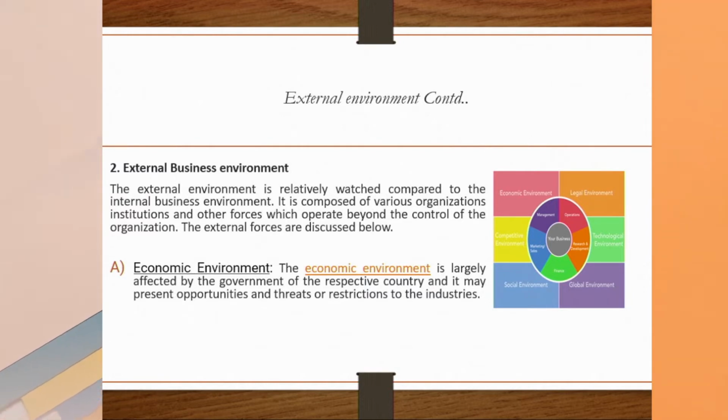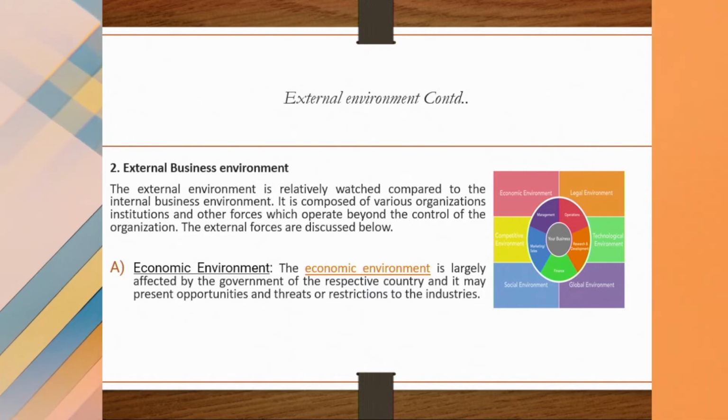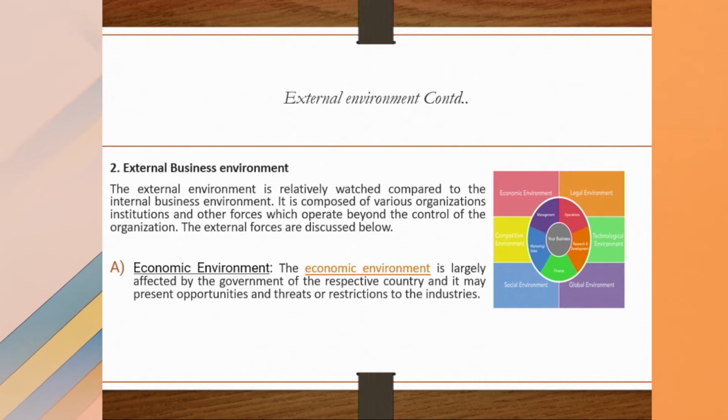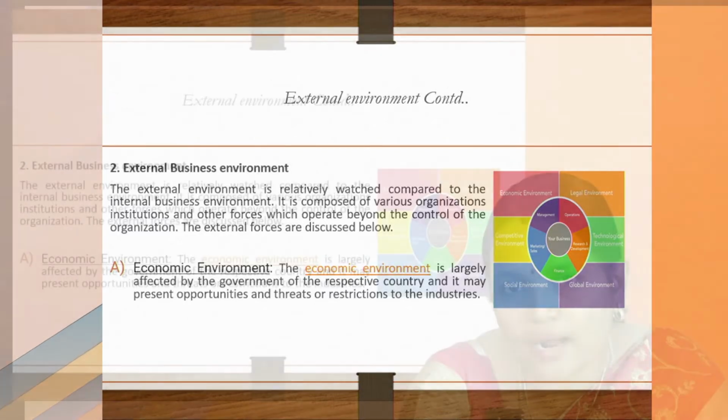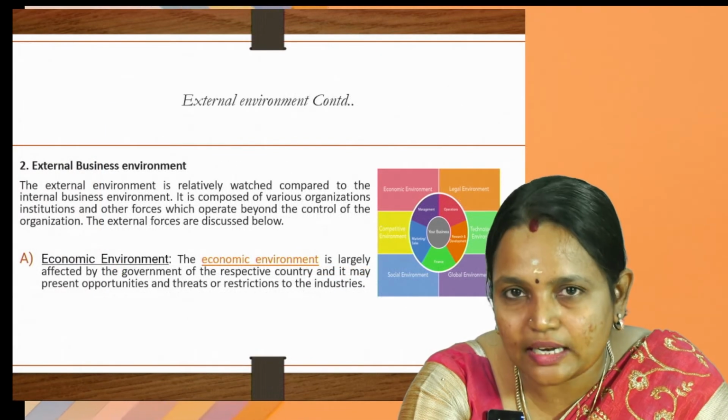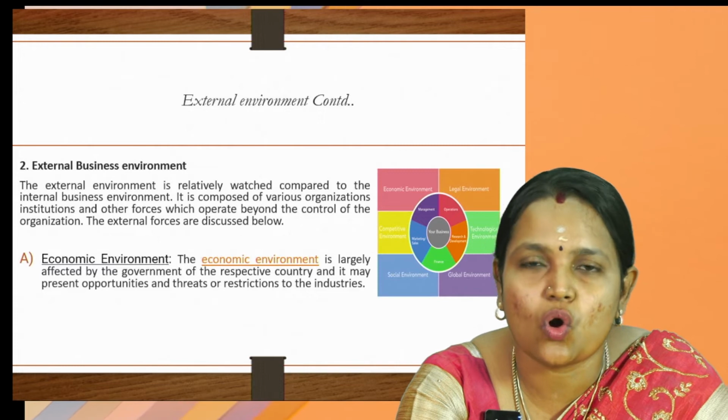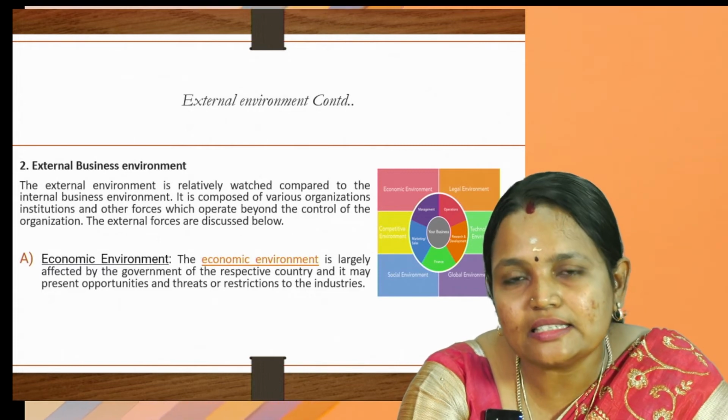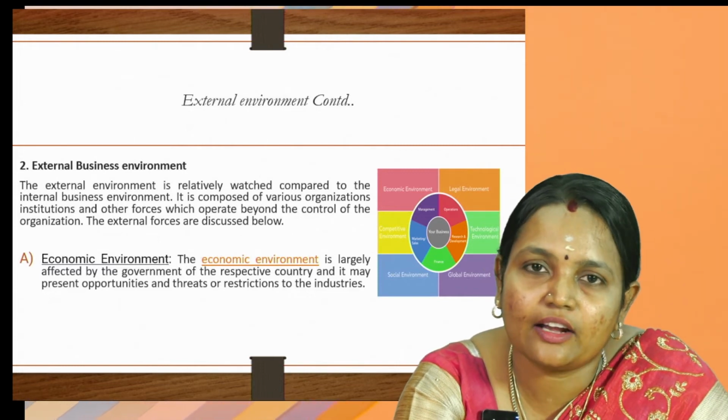For example, in India, it is the Reserve Bank of India that fixes the rates. Similarly, the population available, GNP, GDP, demand and supply conditions, and the output produced in a particular nation. All these are factors present in the economic environment.